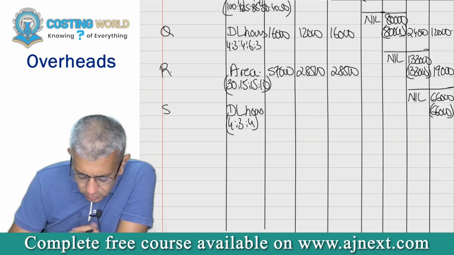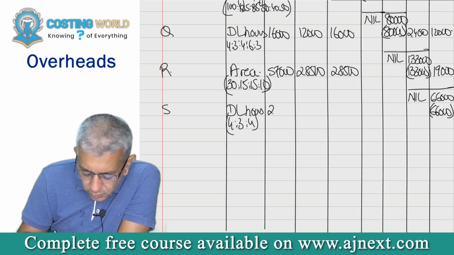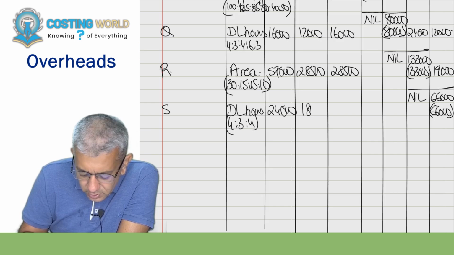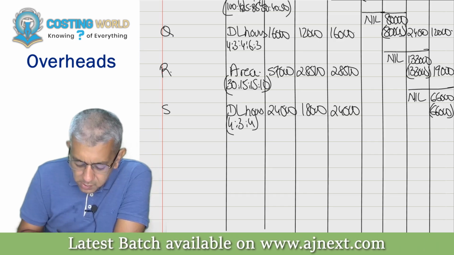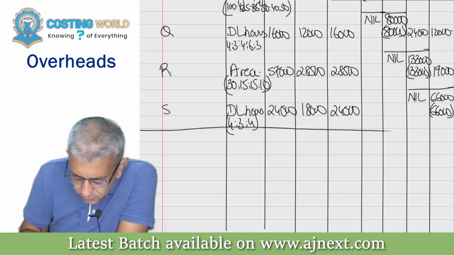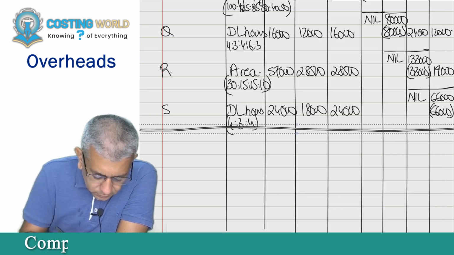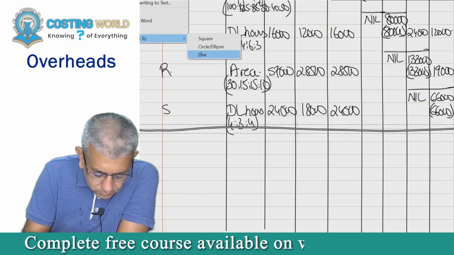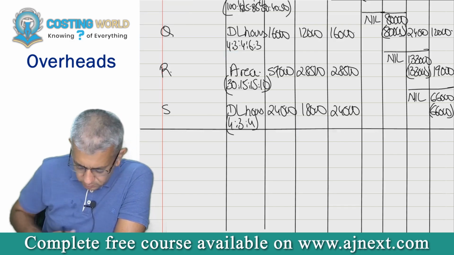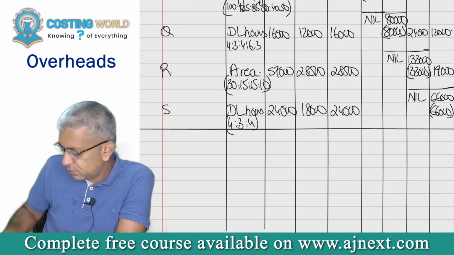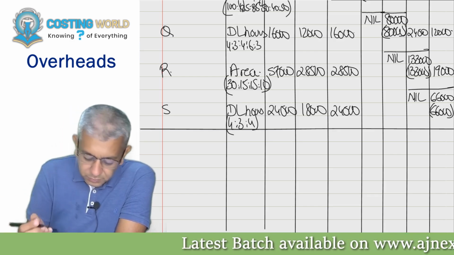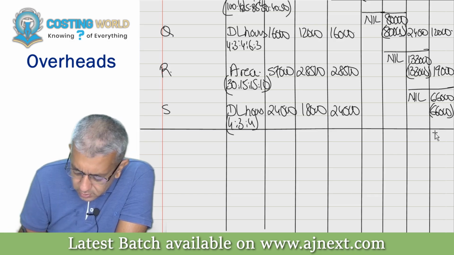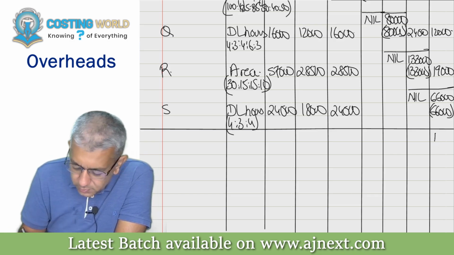So 6,000, 6,000 to 4, 24,000, 18,000, 24,000. Draw a line across. This thing has also become nil now.